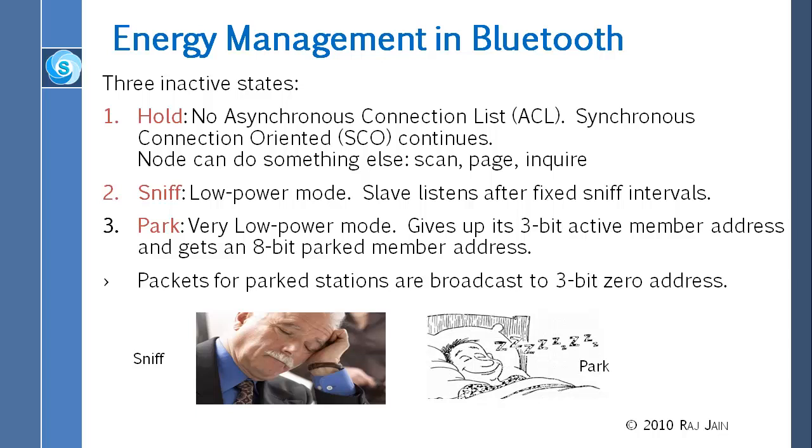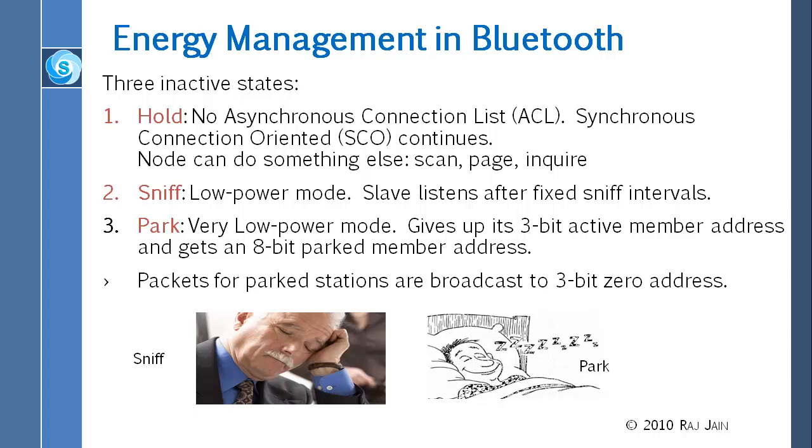Packets for parked stations are broadcast to a 3-bit 0 address. So this is what the 0 address is used for: broadcast. When there is something for somebody, they have an 8-bit address, and that 8-bit address will be announced in the broadcast that I have a packet for node number 15.